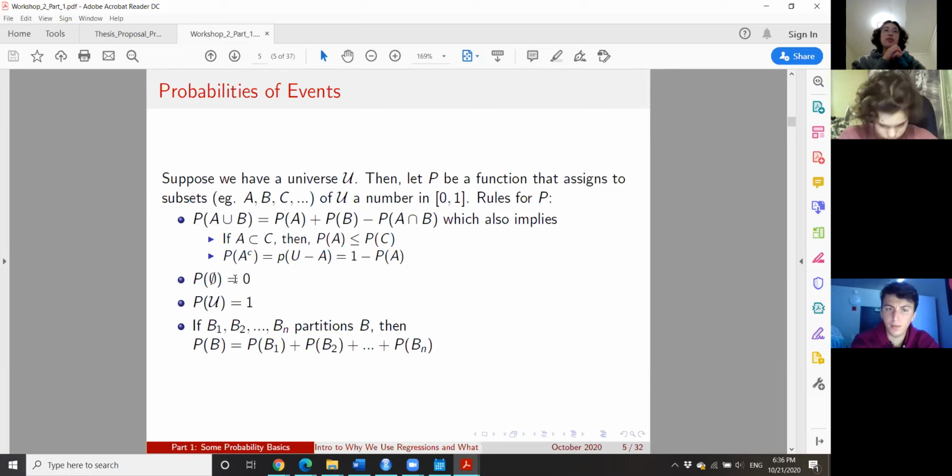Okay, and the last thing is about partitioning. Again, you can think of it in terms of sets, or an image, or the group of people I mentioned before.